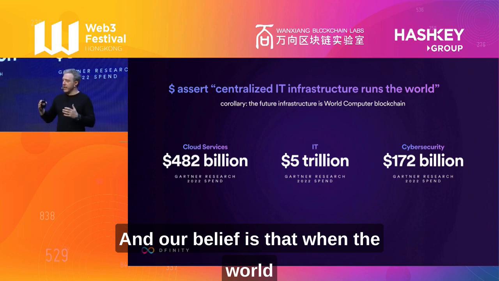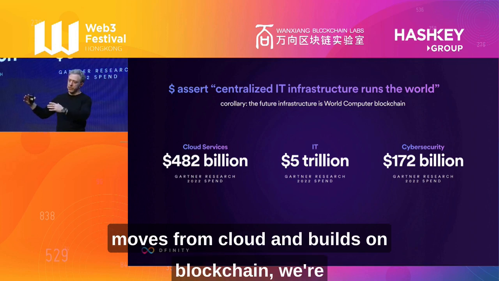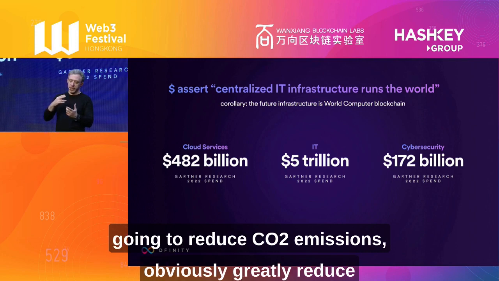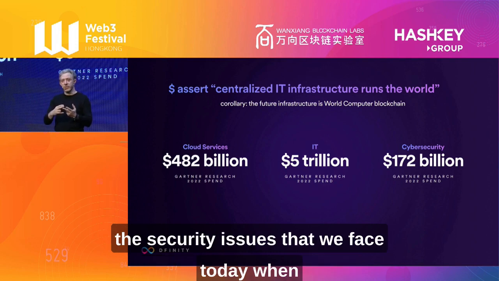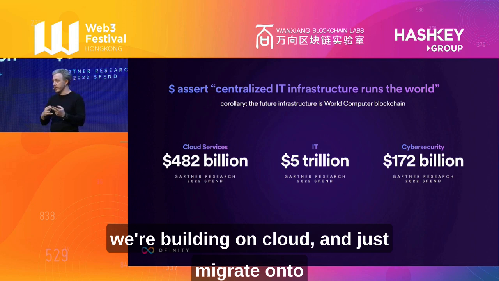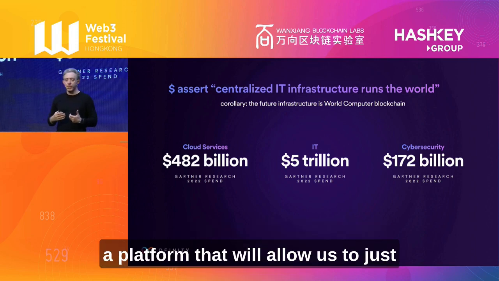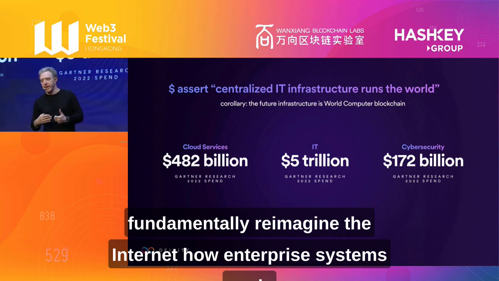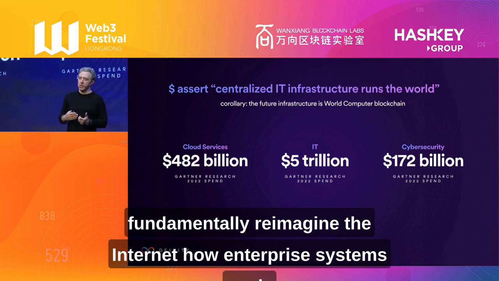And our belief is that when the world moves from cloud and builds on blockchain, we're going to reduce CO2 emissions, obviously greatly reduce the security issues that we face today when we're building on cloud, and just migrate onto a platform that will allow us to fundamentally reimagine the internet, how enterprise systems work.